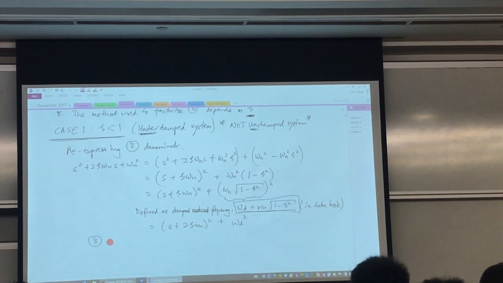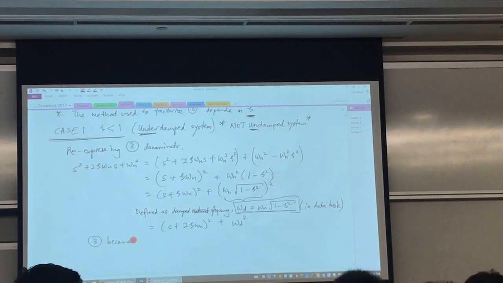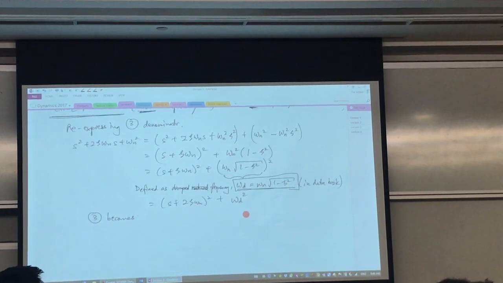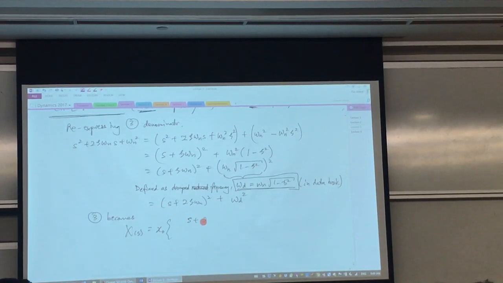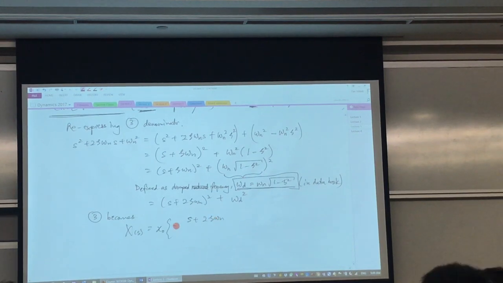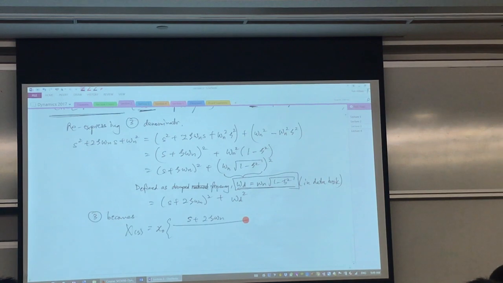So, after we factorize it, now it becomes the following expression. X(s) equal to x naught, s plus 2 zeta omega n. Sir, the 2 is not needed there, right? Yeah, there shouldn't be a 2 here.